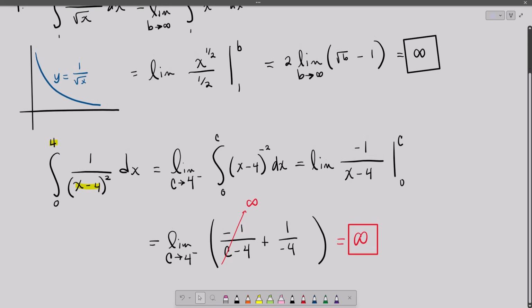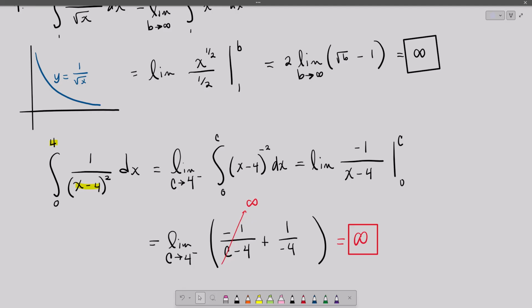And that illustrates our two principles, that if you're dealing with a horizontally unbounded region, so under that, that slope down there, the power has to be bigger than 1.